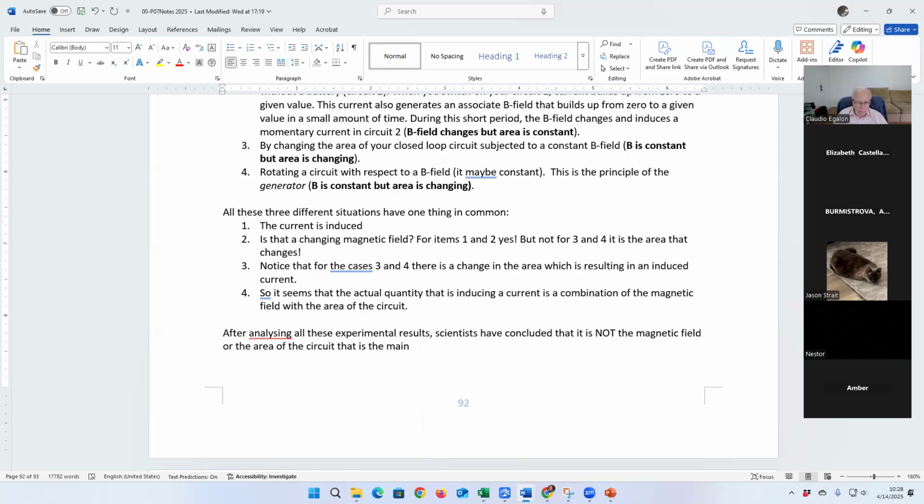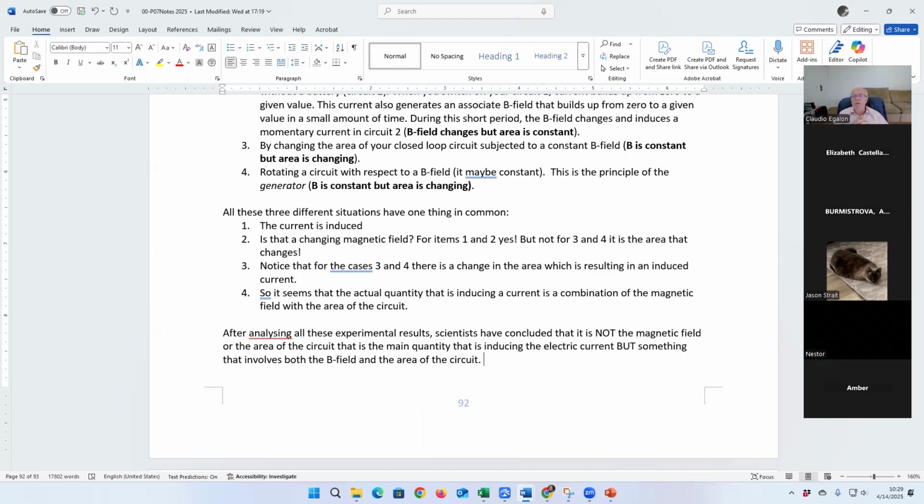That's the main quantity that is inducing the electric current. But something else that involves both the B field and the area of the circuit.